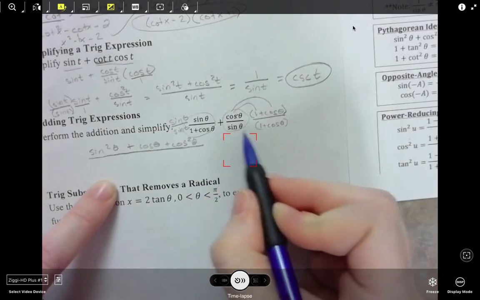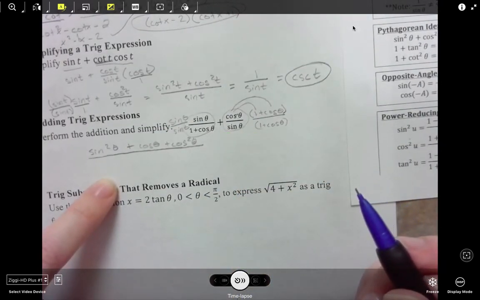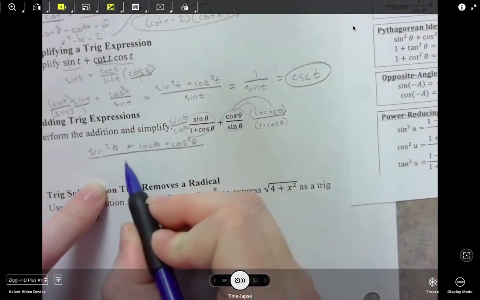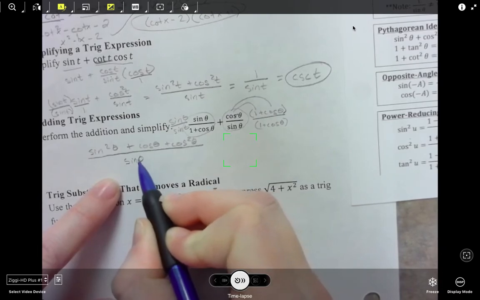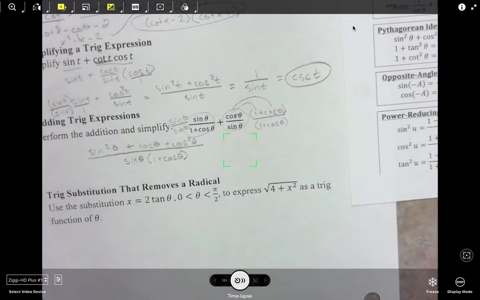On the bottom part, let's just leave it separate: sine of theta times 1 plus cosine theta. I don't want to multiply it together just quite yet. That's how I want to leave it, because this is going to come out really nicely.